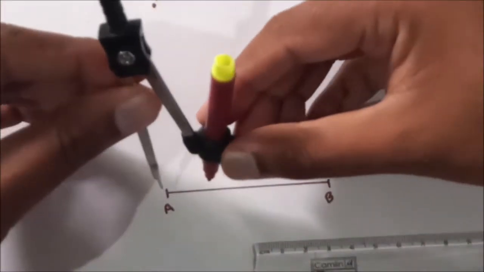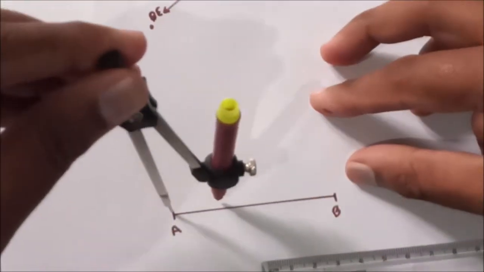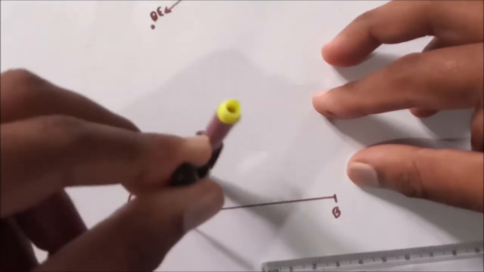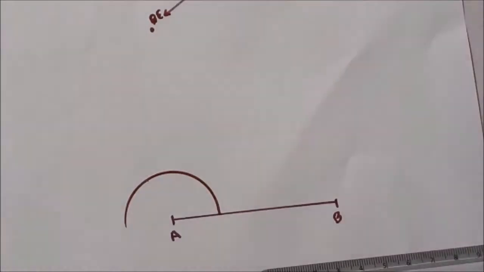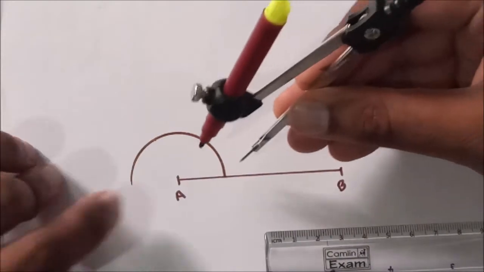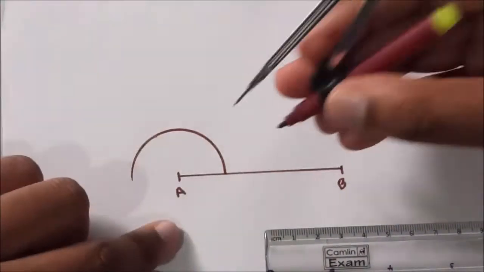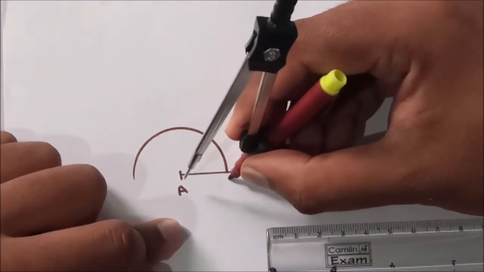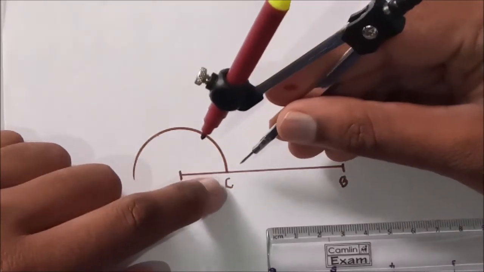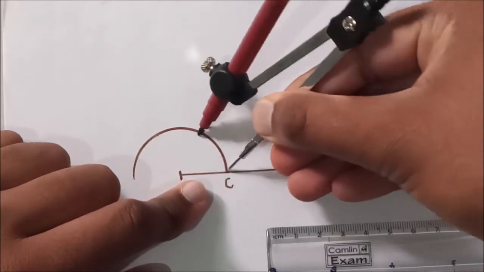Okay, now I'm going to draw an arc from A. So the sharp point should be on A, and I'm going to draw an arc. Now from this point, I'll mark it here as C. From the point C, I'm going to draw an arc over here.